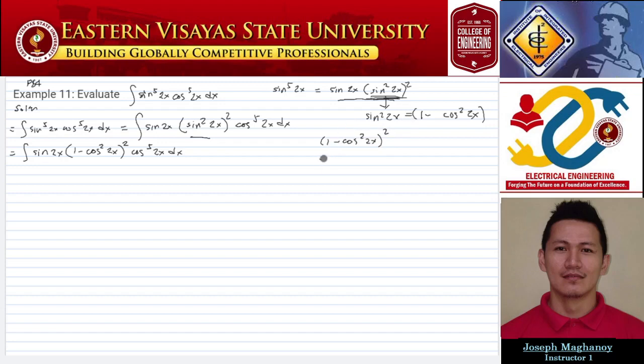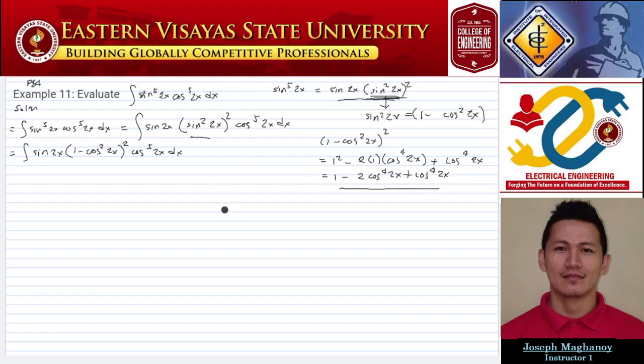That is 1 squared minus 2 times A, which is 1, times B, which is cosine squared, that is 2 cosine squared 2x, then B squared is cosine to the 4th power of 2x. So rewrite: 1 minus 2 cosine squared 2x plus cosine to the 4th power of 2x. So this is our expanded binomial.